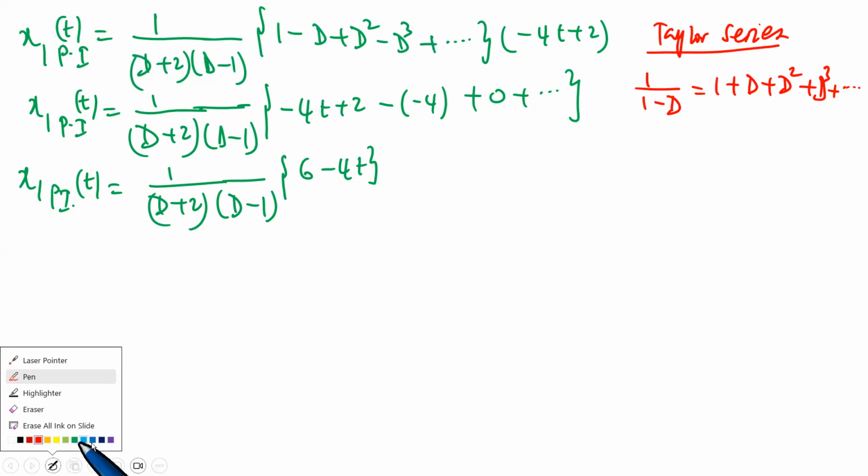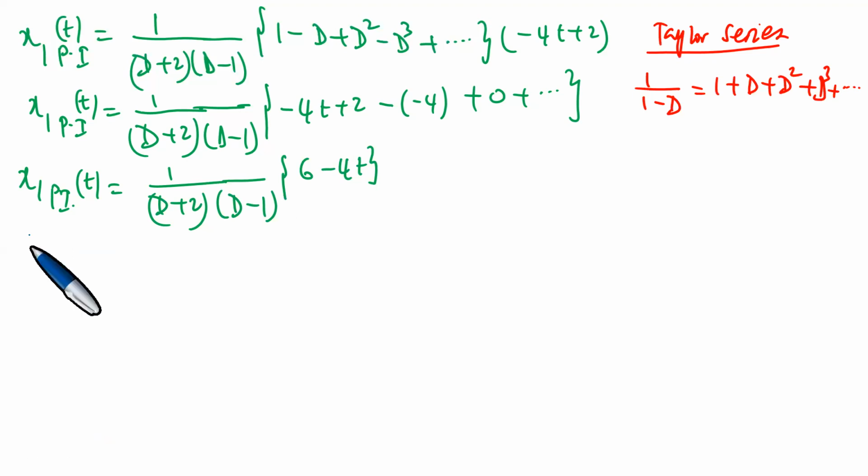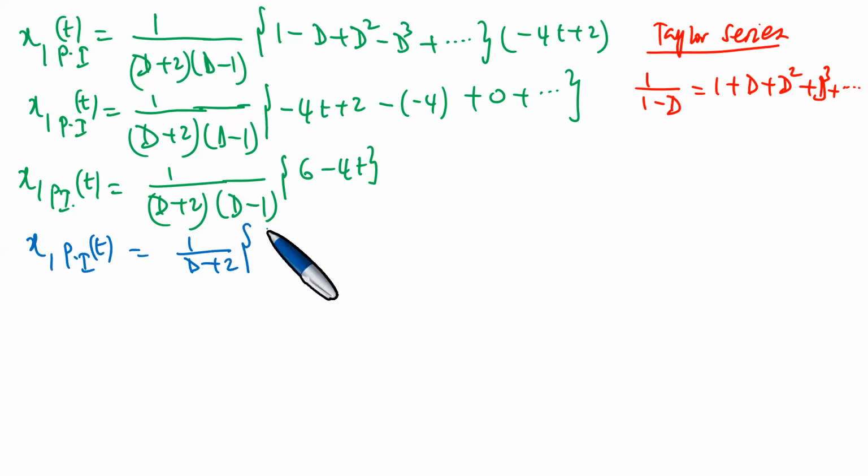So which means that we have x1 particular integral, a function of t. If we now want this to be like this, we want it to be 1 minus d. So we can factor out a negative and do whatever we like. This negative is going to make this one 4t minus 6.